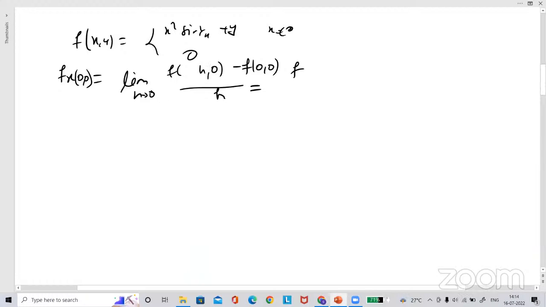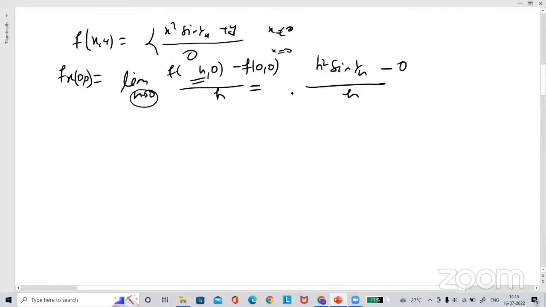As h is going to 0, it means h is non-zero, so your function is defined like this. When the point is (h, 0), the function will behave like h squared sine 1 by h, and y is 0 here, so it will be that minus the value at (0, 0), which is 0, upon h, and this is the limit.